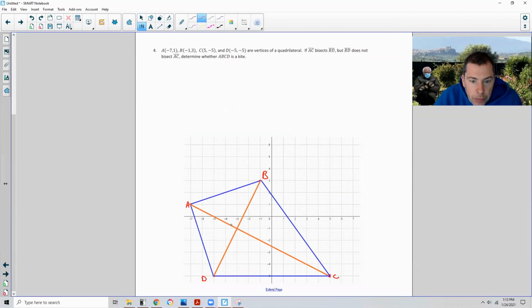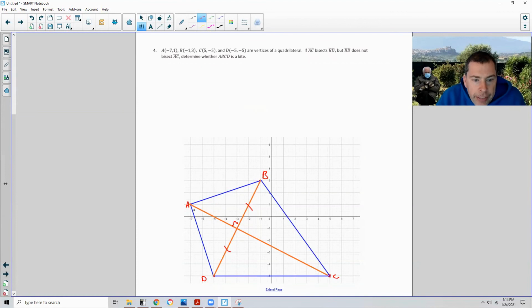We want to determine if AC, so we know AC bisects BD, but BD does not bisect AC. Okay, so in other words, this side is congruent to that, but A to here is shorter than this.